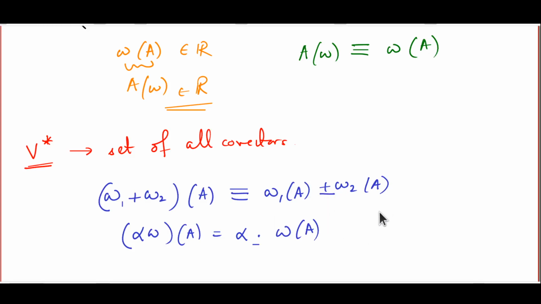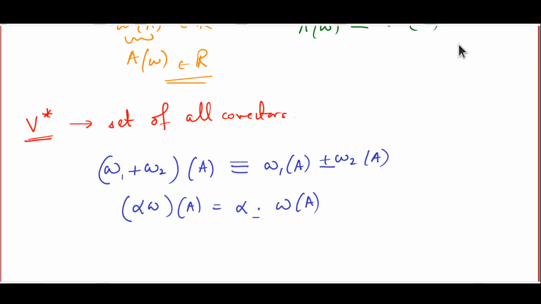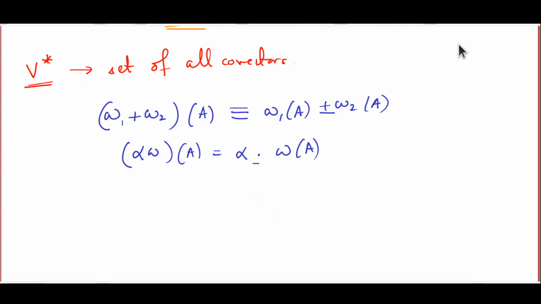You should be able to check that under these definitions of addition and multiplication by a scalar, the set V star really becomes a vector space on its own, which means it obeys all the basic conditions for a vector space. This again, as I said, would be old stuff for all of you who have done a linear algebra course, but if you haven't, you should check this out on your own.